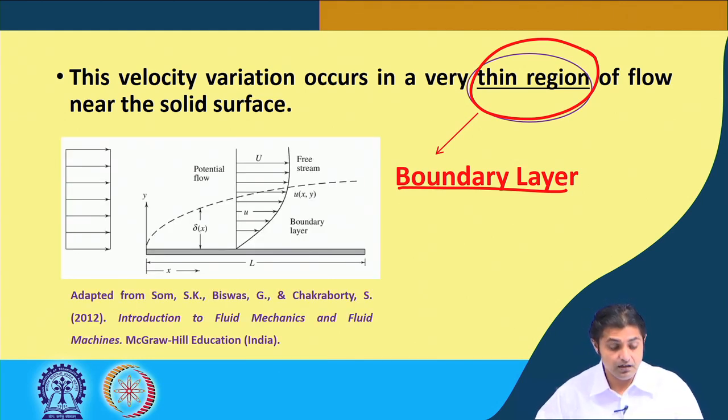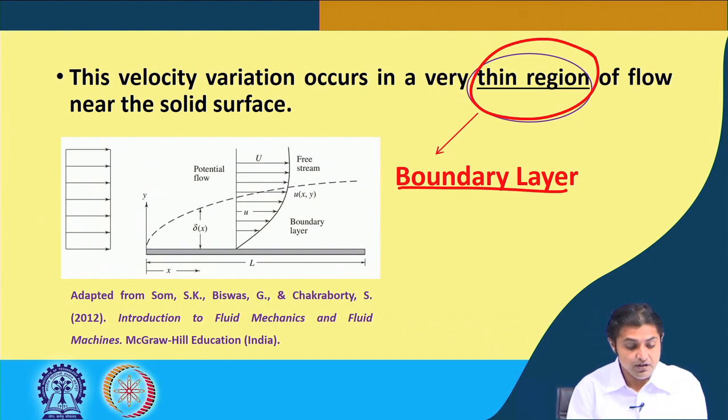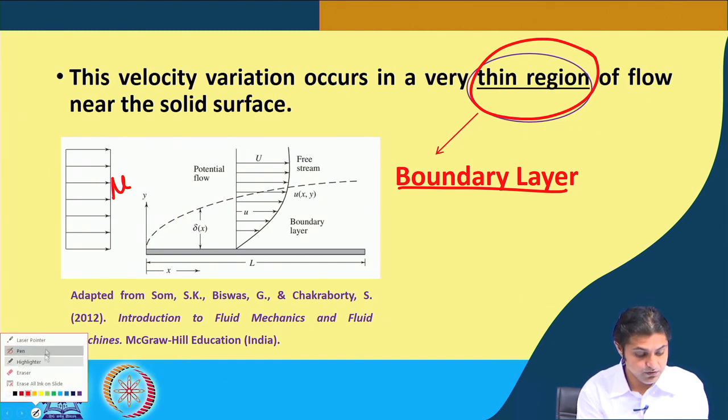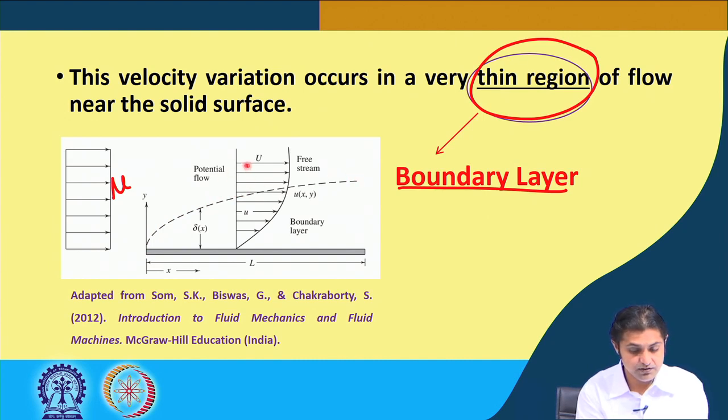This diagram has been adapted from S.K. Som's book, Introduction to Fluid Mechanics and Fluid Machines. Suppose there is a flow with velocity u coming, and there is a flat plate of length L. When the flow encounters the plate, a thin region starts developing. Above this thin region the velocity will remain u, but below that the velocity will start varying.